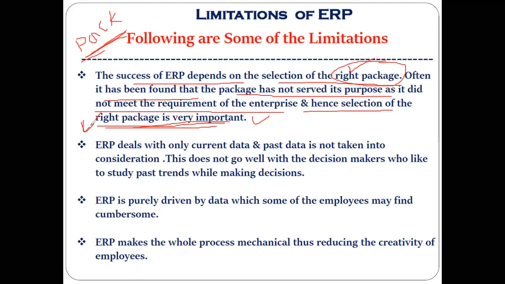So this is one of the limitations of the ERP. If the right package of ERP is not selected, then your company requirement will not be satisfied. You may not be able to give proper service to your customer, or the right service to your employee. That is the reason this is considered a limitation.